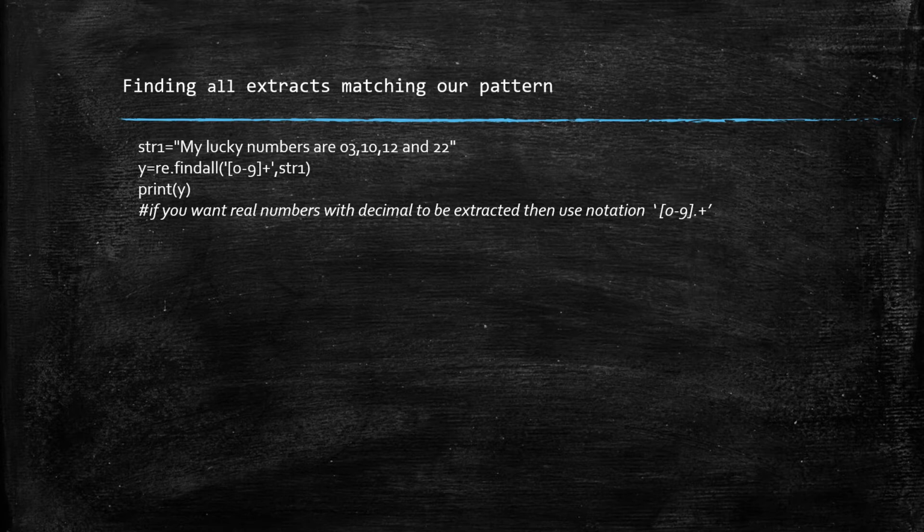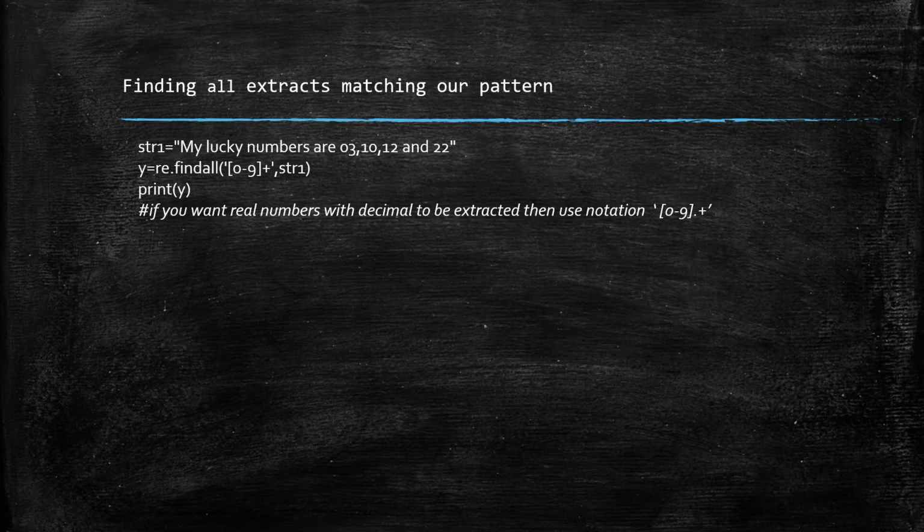Within the quotes, we are using 0 to 9 within square brackets and a plus sign, and I want to search this pattern in str1. This search pattern means that I want to search only the digits. The digits should lie within the range 0 to 9, and the plus sign means there can be more than one digit. And then we are printing y.